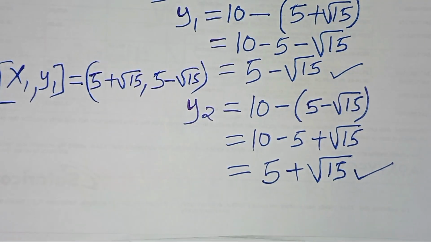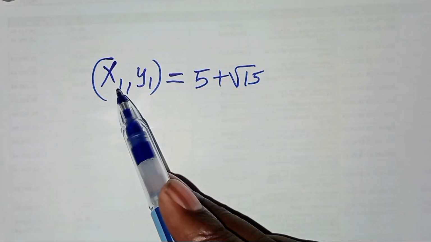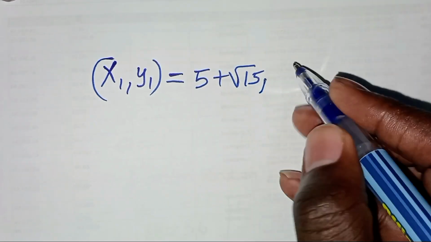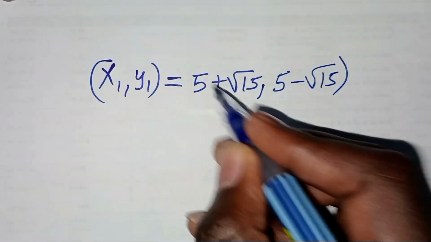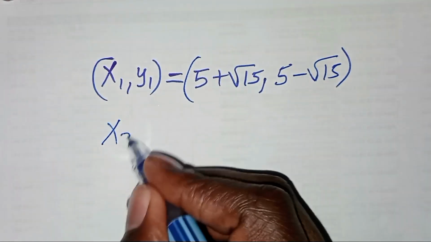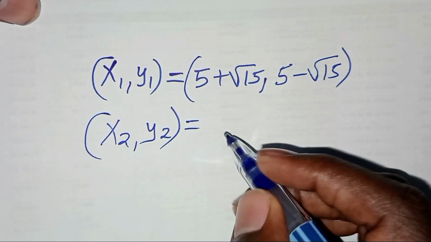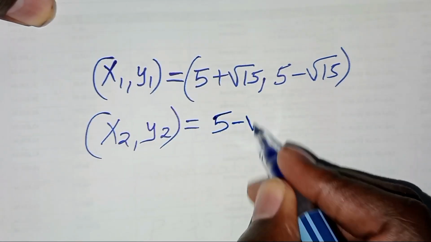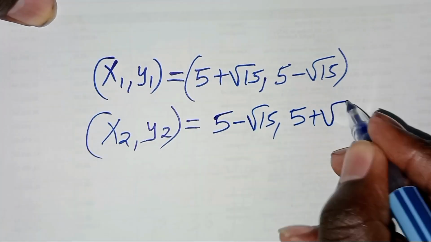And we also have x2, y2, where x2 is 5 subtract the square root of 15, and y2 is 5 plus the square root of 15.